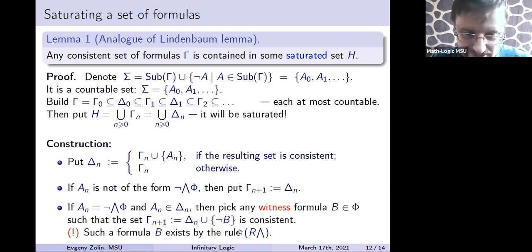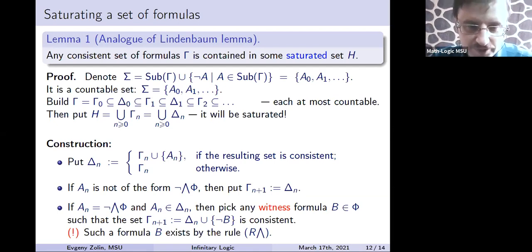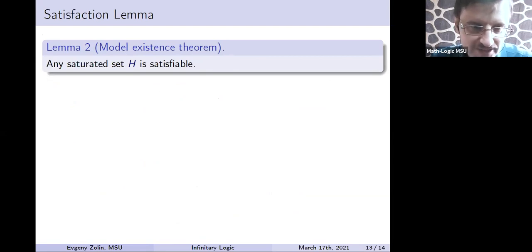So this is a technical thing, and this guarantees that every infinitary disjunction has a witness, has a formula that shows that this disjunction is true in some sense. Well, this is the main trick that was invented for the completeness proof of the infinitary logic. Now, the details are written in the lecture notes. So let us see the main idea of lemma 2.